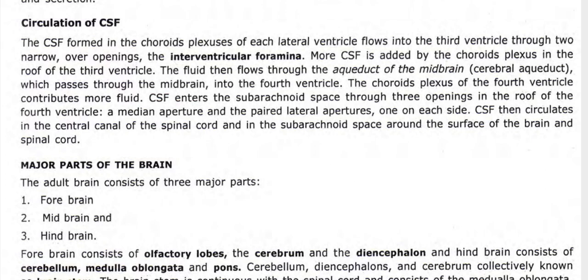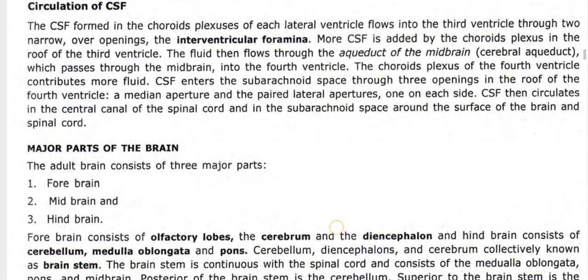The choroid plexus of the fourth ventricle contributes more fluid. CSF enters the subarachnoid space through three openings in the roof of the fourth ventricle, a median aperture and a paired lateral aperture, one on each side. CSF then circulates in the central canal of the spinal cord and in the subarachnoid space around the surface of the brain and spinal cord.